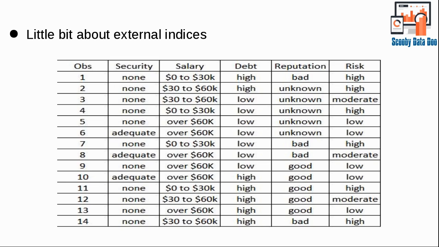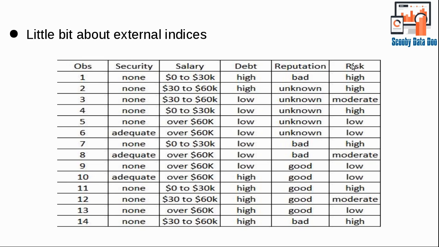So what is the target variable? A target variable is a variable whose value is dependent on the other variables. So if you say like this, when the security level is none, the salary range is 0 to 30,000, the DBT is very high and the reputation is bad, the value of risk is high.